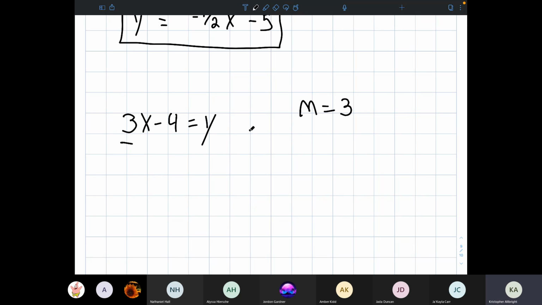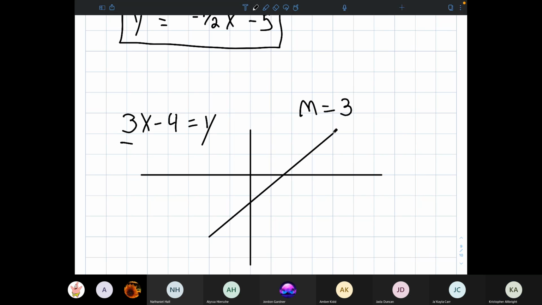They will run the same. They will look like this. And they will run forever and ever side by side and never touch. So for parallel, it makes sense that they are rising and running the same amount every time.